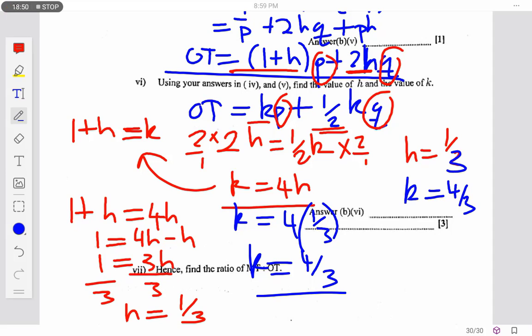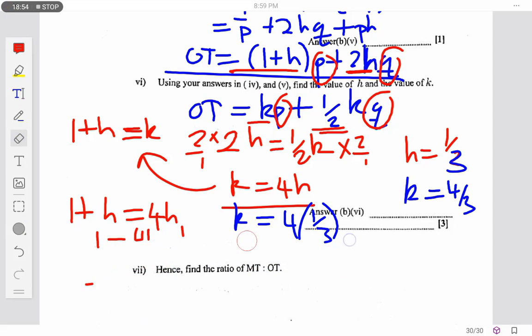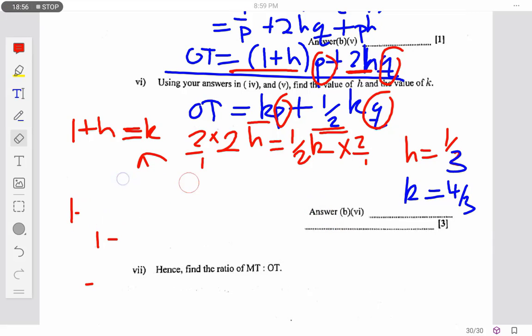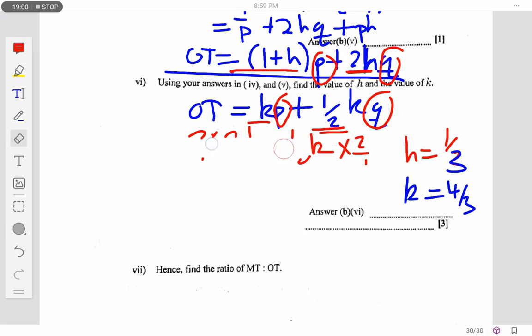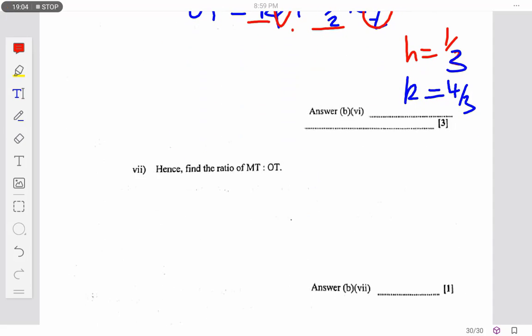Okay, let's move on to the next question. The next question is asking us to find the ratio between these two vectors, the vectors are MT and OT. Let me rewrite OT and also find an MT vector equation.